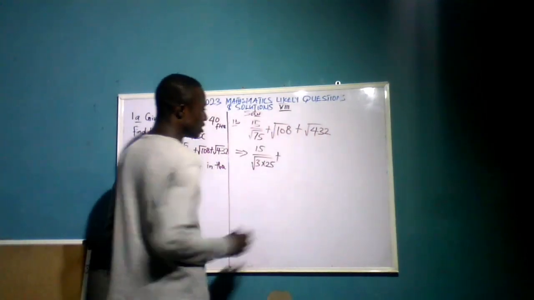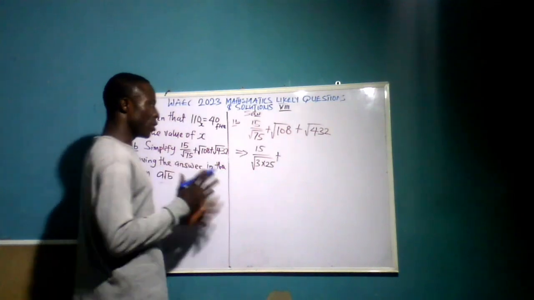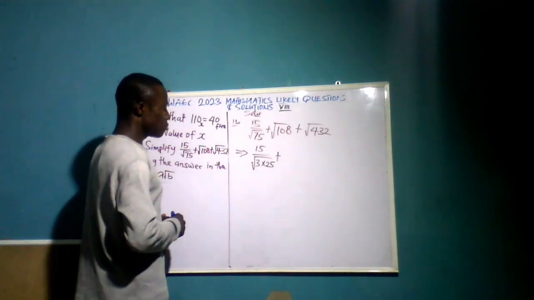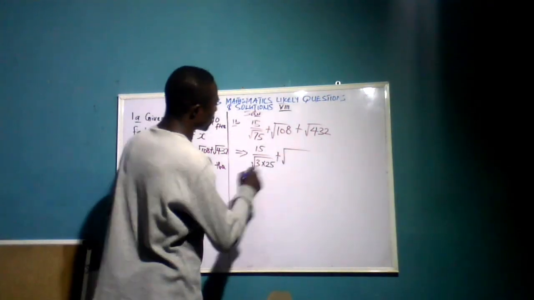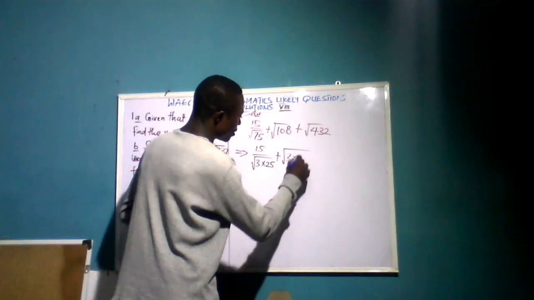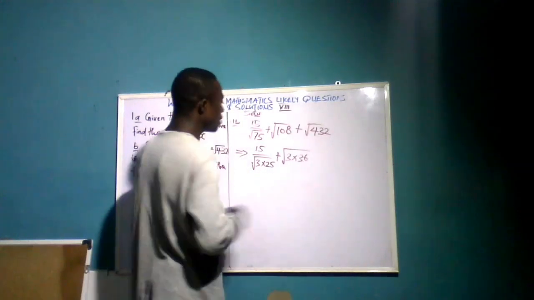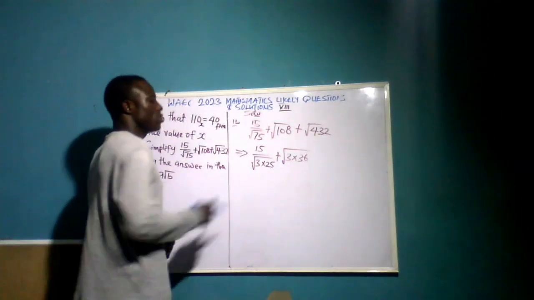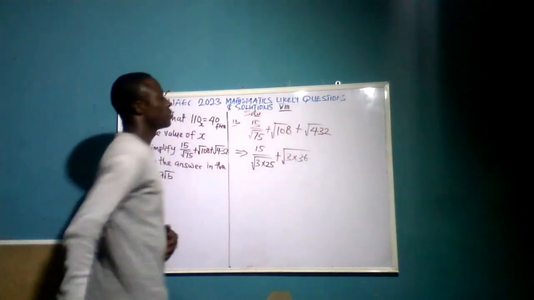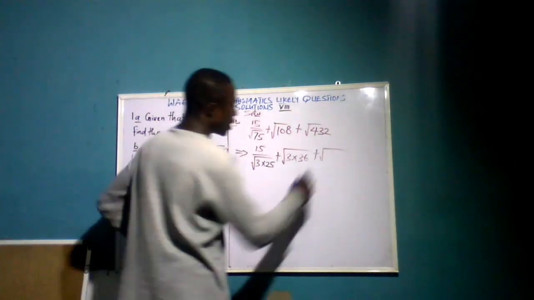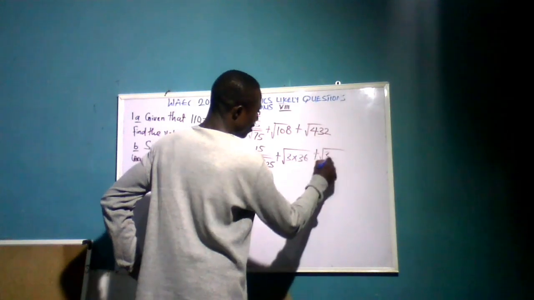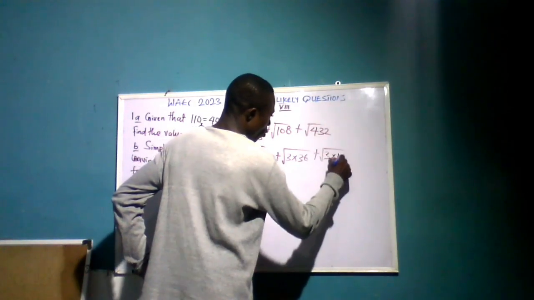So we've not changed anything, we are just trying to find our way to simplify these irrational numbers. Okay? 108 is the same thing as root 3 times 36, because 3 times 36 will still give you 108. Plus root, you know that 432 divided by 3 gives you 144.